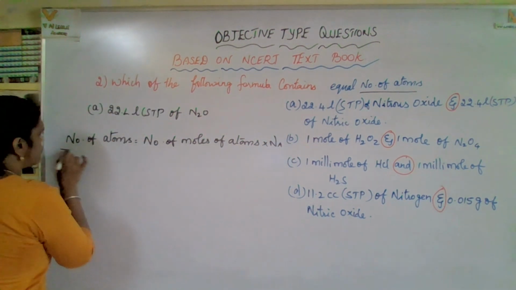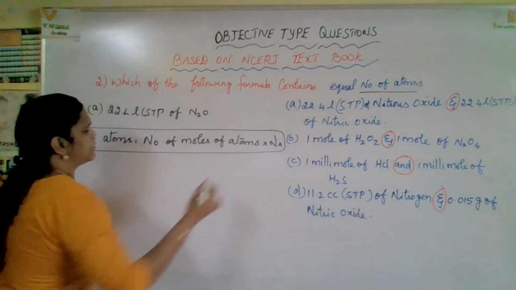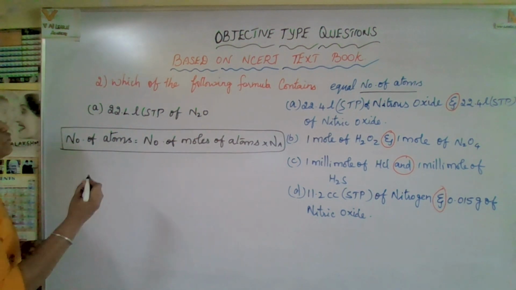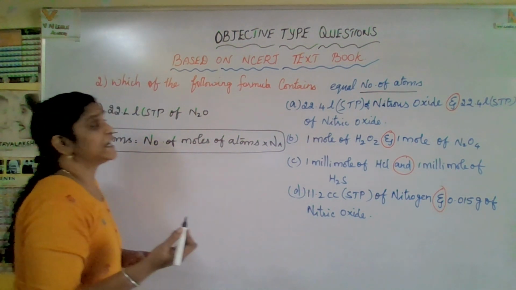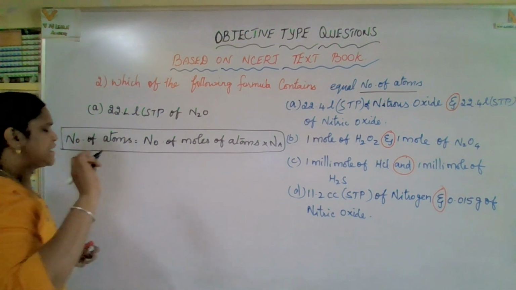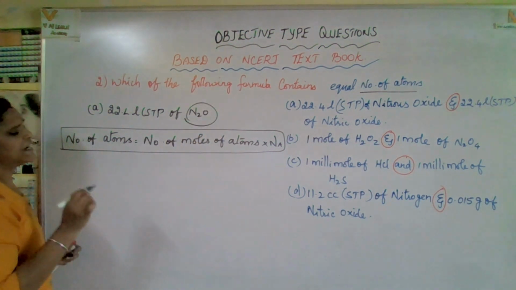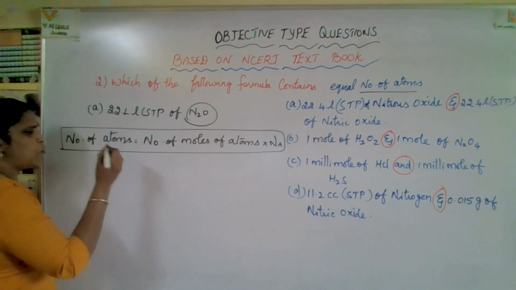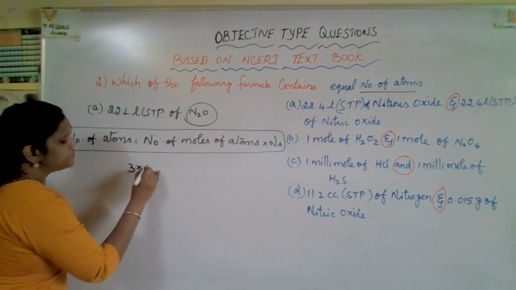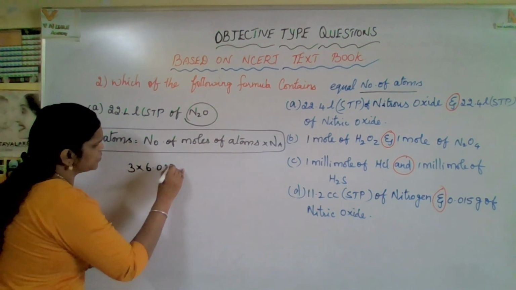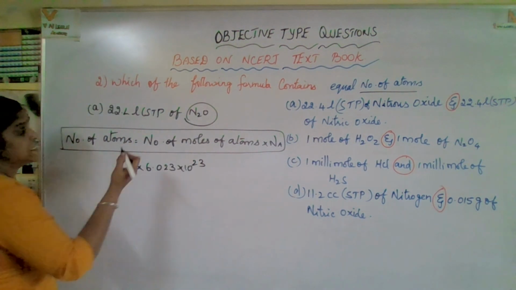This is the formula we are using to find this. Now, they mentioned 22.4 liter at STP of nitrous oxide. Yes, let us keep that. How many atoms are present in that? 3 atoms. So 1 mole we can consider, so 3 × 6.023 × 10^23.